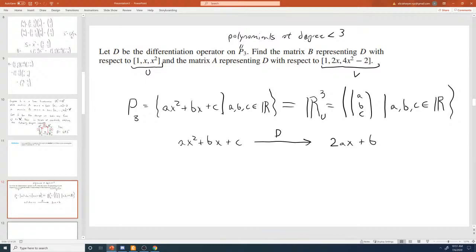So what happens to the coordinate vectors is that the coordinate vector a, b, c is mapped to the coordinate vector 0, 2a, and b.